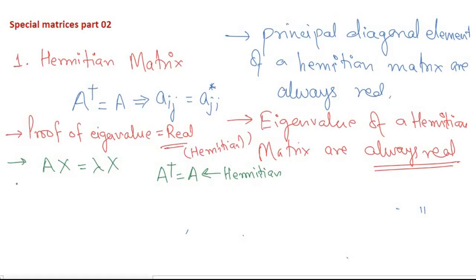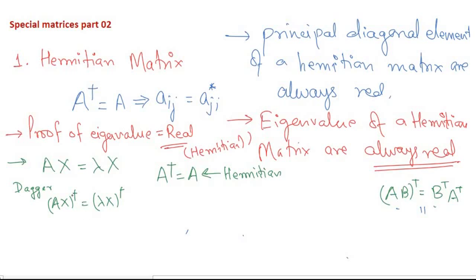So let me take the dagger of this equation. Taking the dagger, (Ax) dagger is equal to (lambda x) dagger. You know that there is one property: for two matrices A and B, the transpose of AB is equal to B transpose A transpose.